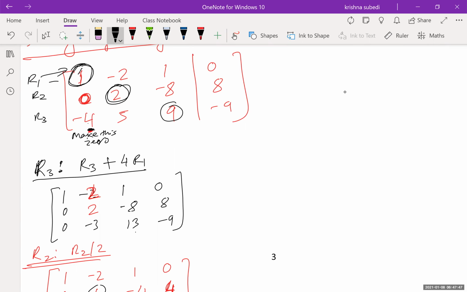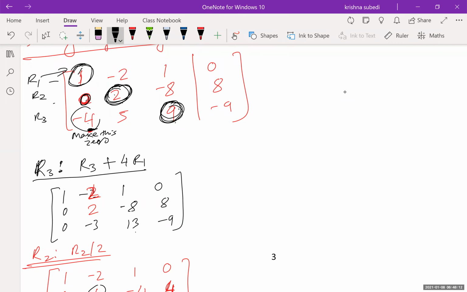In the second row, second column will be the leading term. Anything below that should be 0, and here is this. Anything below that is 0, but the good news is this is the last item, so we don't have to. So basically we want to make this guy 0, which is already 0. That's good news. We just want to make this 0.